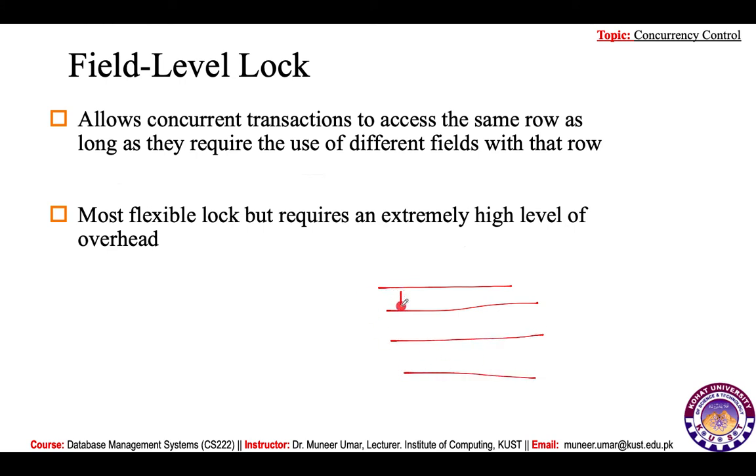T1 wants to access an attribute value in that row, and T2 wants to access another attribute value in that row. So here one lock will be given for T1 and one lock will be given for T2 on these two separate values.